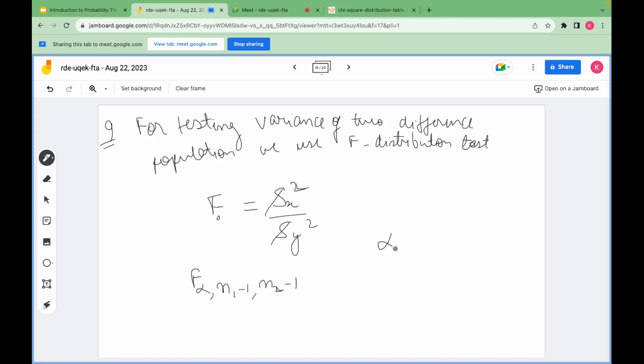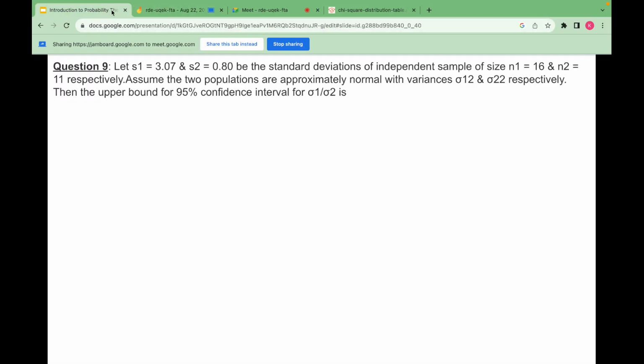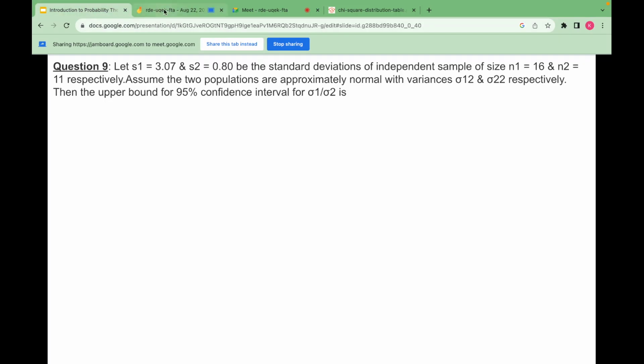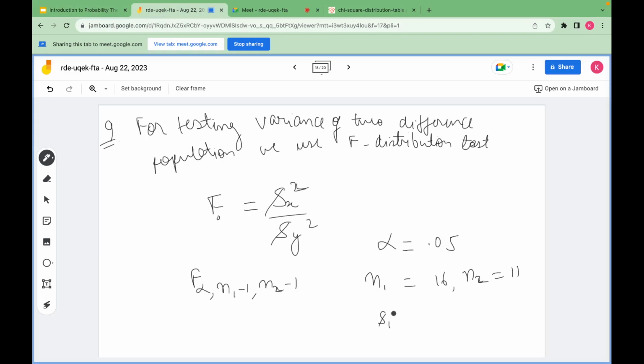So in our question alpha is given to be 0.05, N1 is 16, N2 is 11, S1 is 3.07, S2 is 0.8.